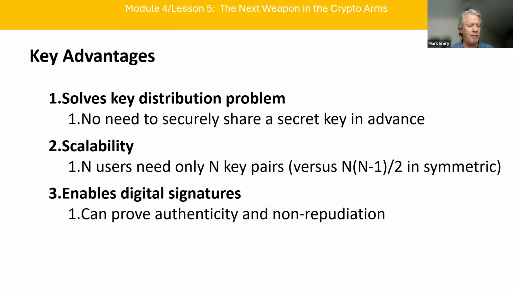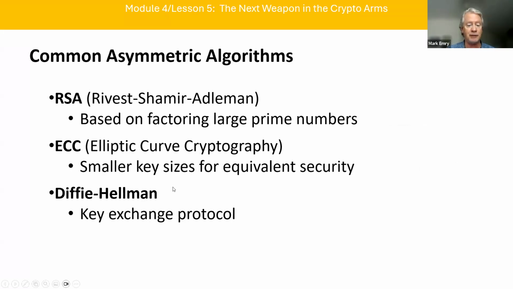So there are some key advantages to asymmetric key encryption. It does solve the key distribution problem. There's no need to securely share a secret key in advance. It's scalable, and it enables digital signatures, which you'll learn about later. It can prove authenticity and non-repudiation.